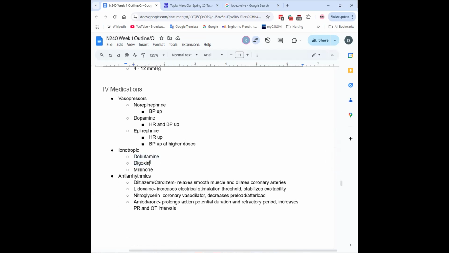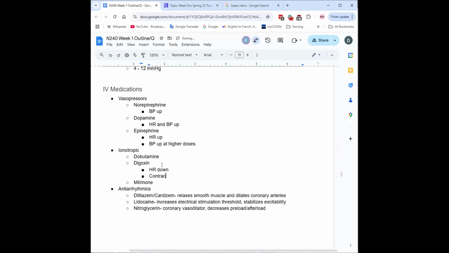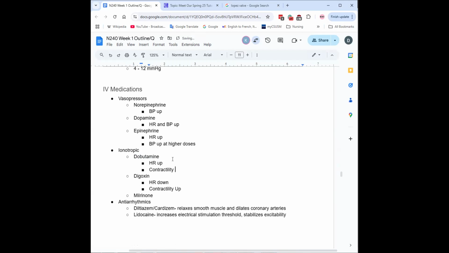And then you have some of your inotropes. So we know digoxin is going to make the heart rate go down, contractility go up. Dobutamine's going to make your heart rate go up and contractility go up.